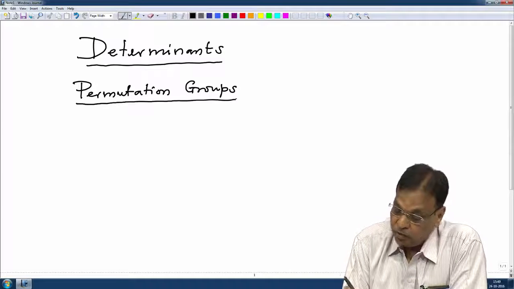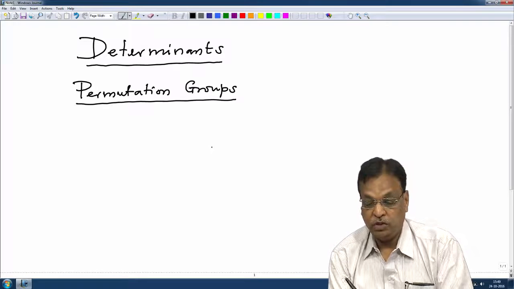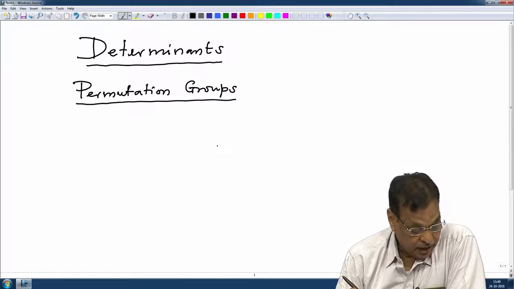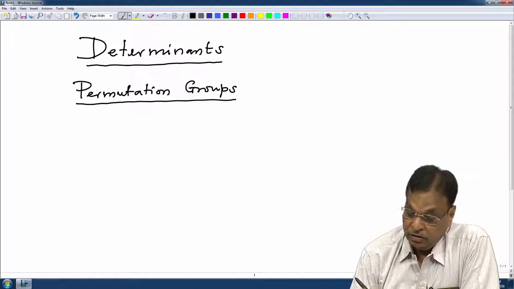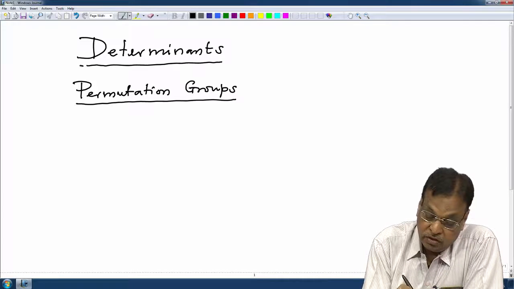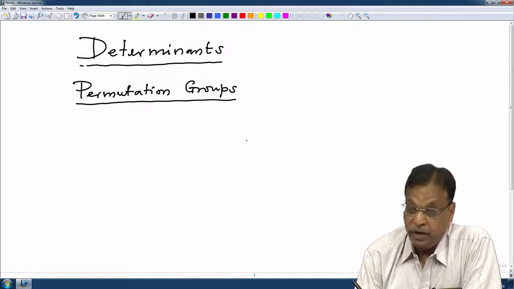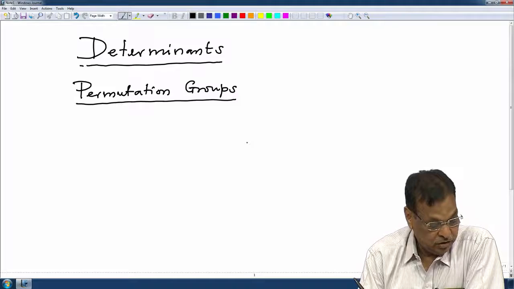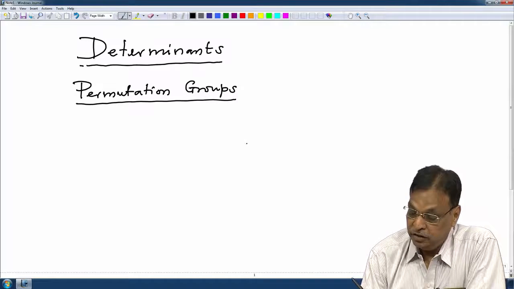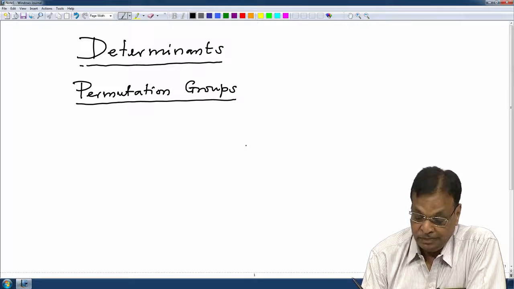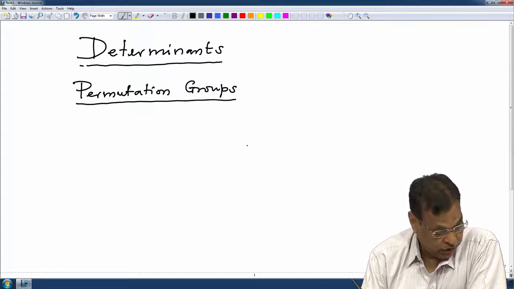It is a very important class of groups when one wants to study finite group theory, and we have to use these permutations, especially some invariants attached to permutations in the theory of determinants. That is the reason I want to do this topic more thoroughly.